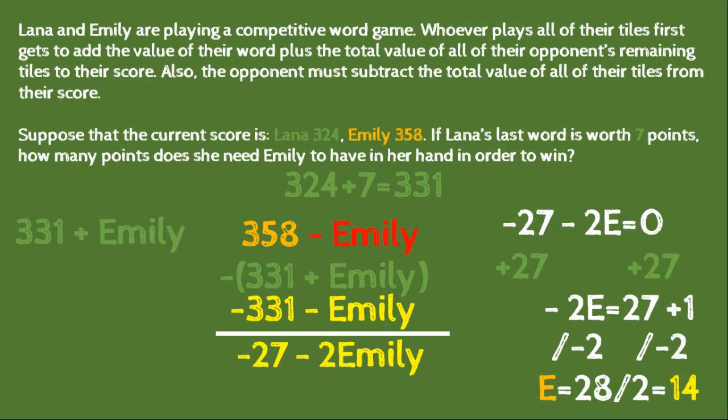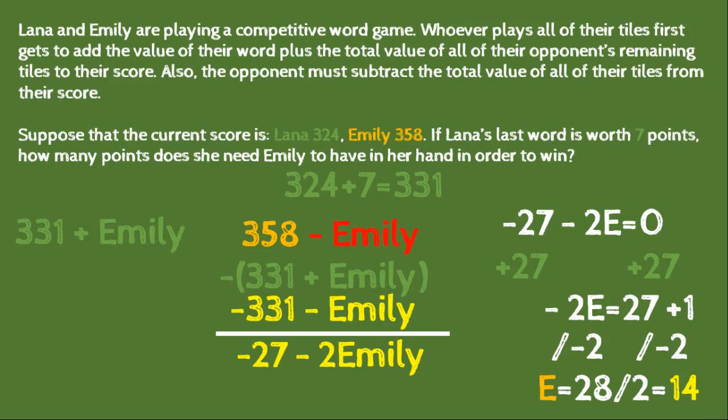To solve, we have to eliminate the 27 from the left side. So we add 27: minus 27 plus 27 is 0, and 0 plus 27 is 27. We end up with minus 2E, which is 2 Emily, equals 27.